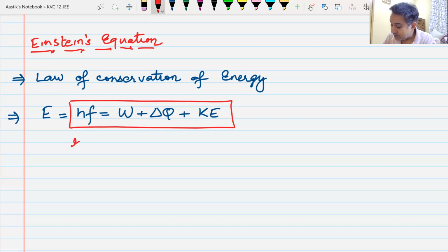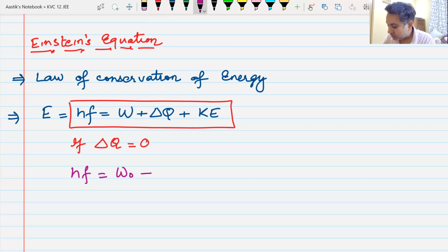Now, if I assume that no energy is lost in the form of heat or any such events, whatever energy is coming, the electron is getting that energy and it is going out. In that case, that electron will have maximum kinetic energy, and the equation becomes hf equals W naught plus KE max.